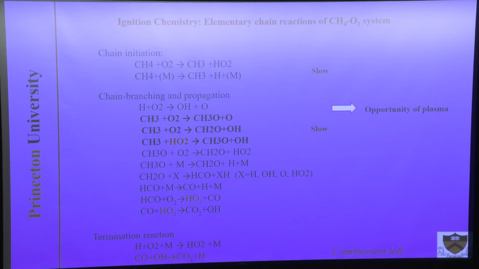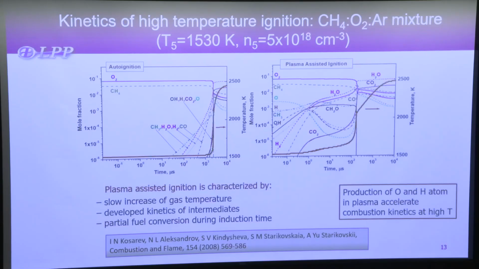If you use plasma, it can create a lot of HO2 at low temperature, because HO2 is formed at low temperature, and in this way you can enhance the low temperature oxidation of methane. This is the simulation of the kinetics of methane and oxygen.